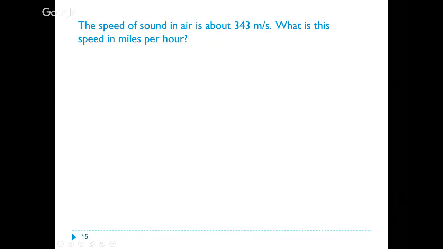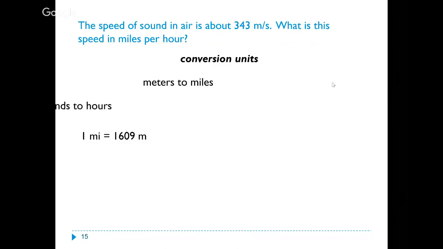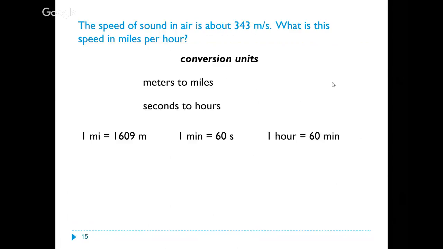So I need to know that I'm going to be converting meters into miles because those are my two distances, and seconds into hours because those are my two time values. So what are the conversion units I need? I look this up in my book. 1 mile is 1,609 meters. I know that there are 60 seconds in a minute, and I know that there are 60 minutes in an hour.